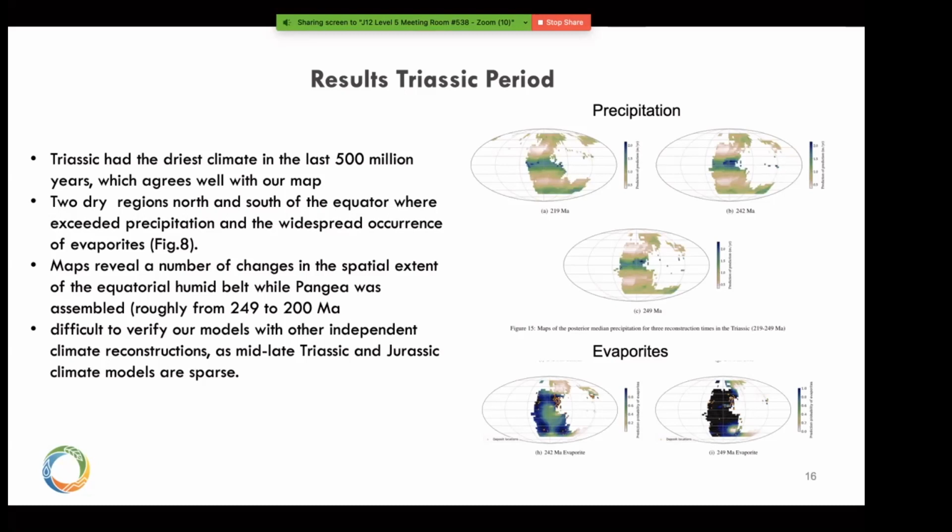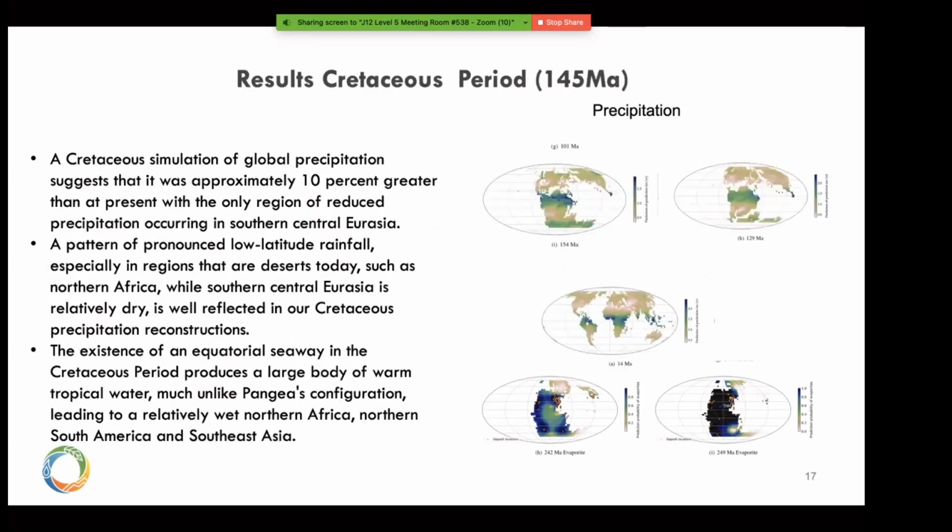And then, of course, things started to break up. And this was the Cretaceous period. It began about 150 million years ago. And there has been a single GCM done that suggests that rainfall or precipitation was approximately 10% greater.